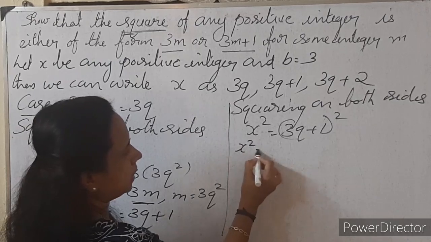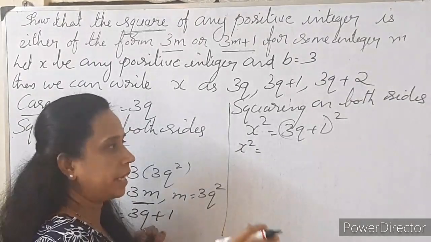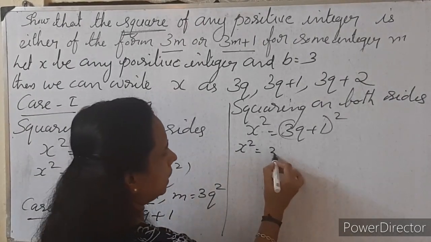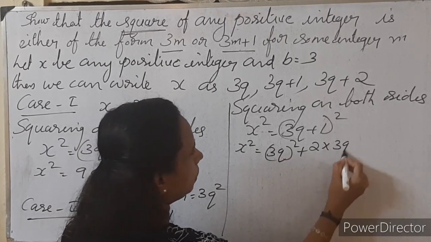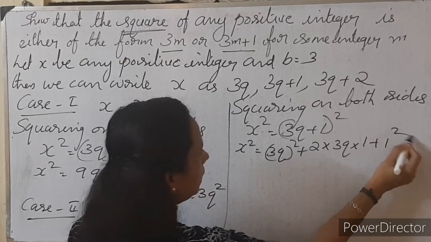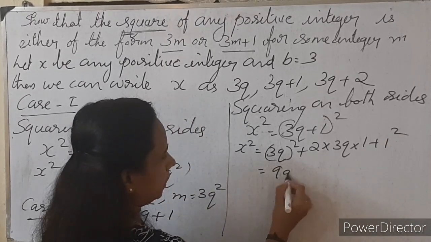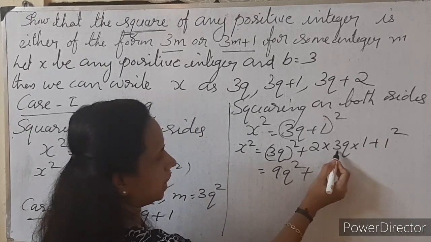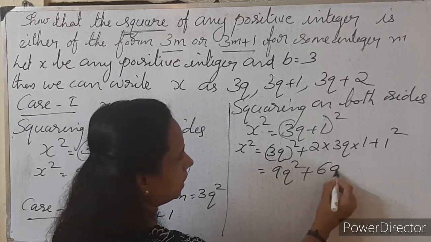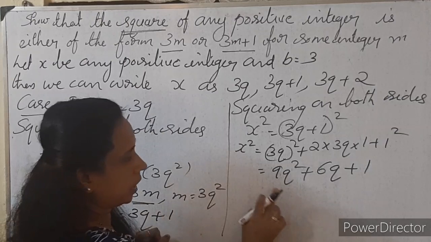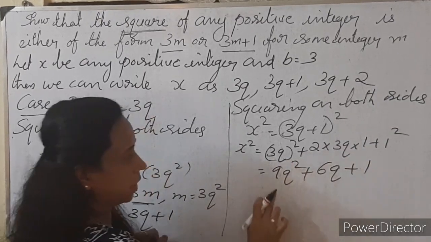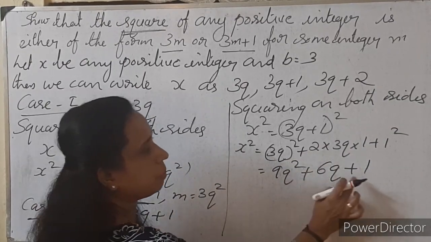Using the identity a plus b whole square, which is a square plus 2ab plus b square, we expand: 3q whole square plus 2 into 3q into 1 plus 1 square. That is equal to 9q square plus 6q plus 1.